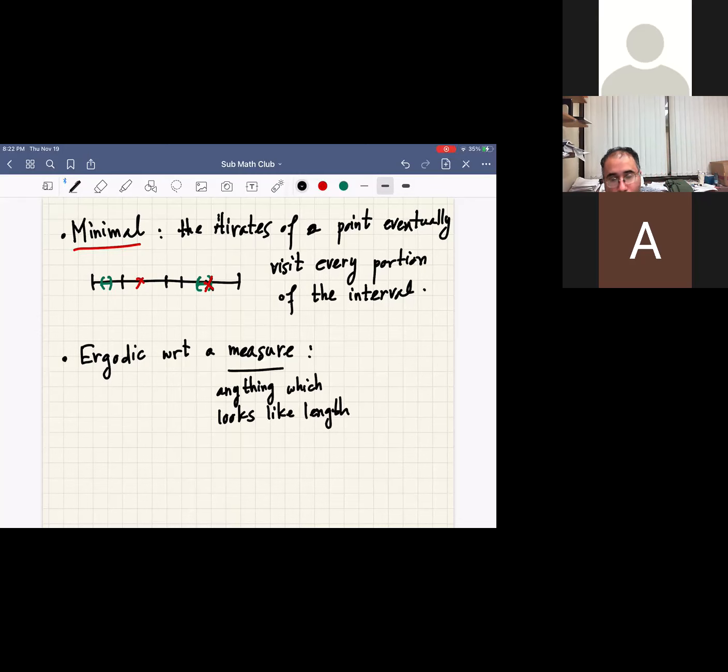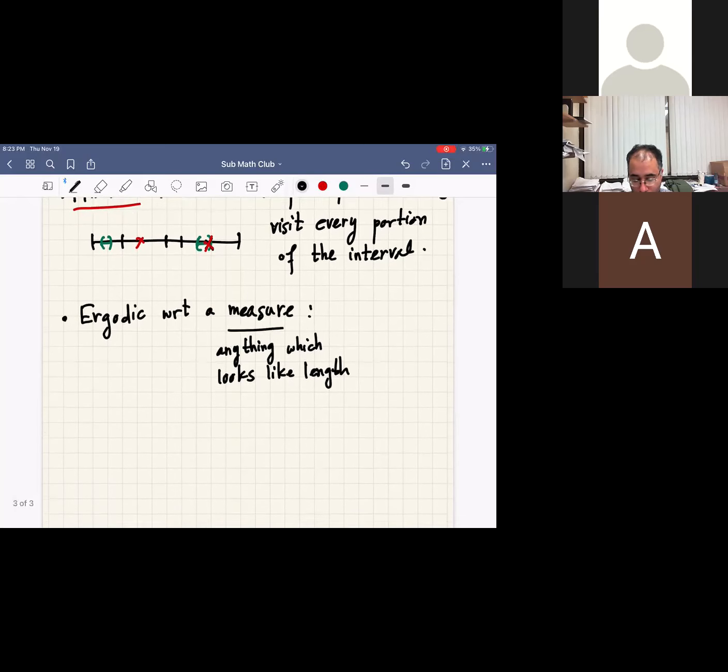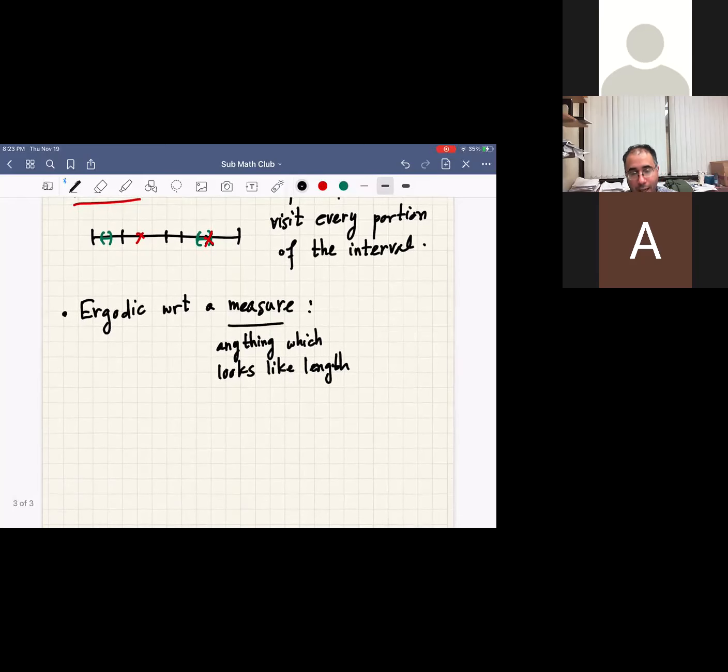And when we put two pieces together, their lengths add up. The length of the union of two pieces is just the sum of the lengths of each piece. A measure is something which looks like that. To any piece it assigns a positive number, and it has this additivity property. Is that good for everybody? So anything which looks like length is called a measure.